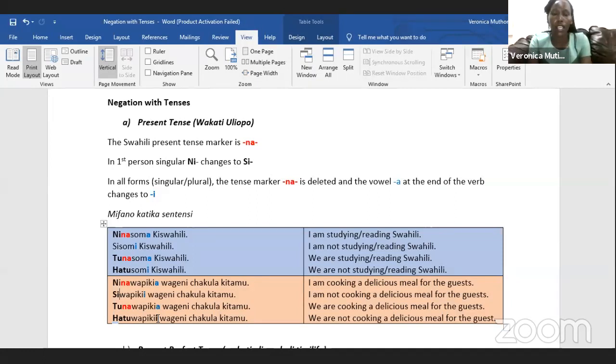Si is the negation form. And most importantly, the tense marker na is deleted and the vowel at the end of the verb, a, changes to e. And with that, we'll be able to comfortably negate all Swahili sentences in the present tense.